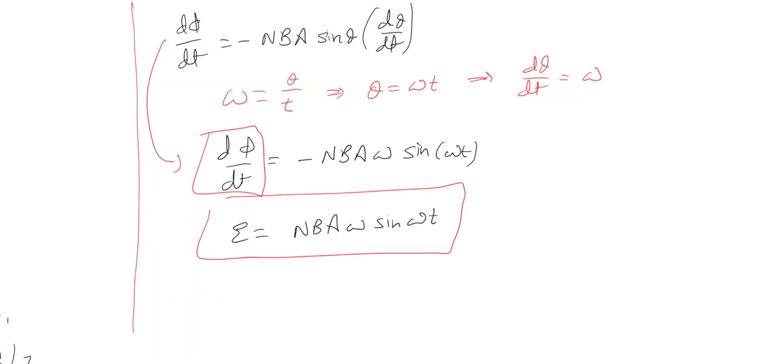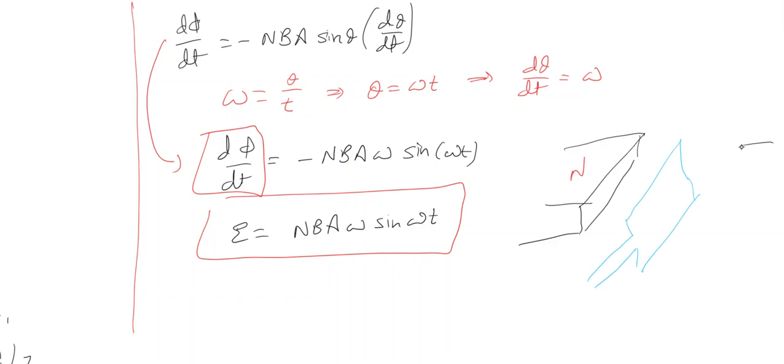So suppose the coil is placed between two magnetic poles, this one the north pole, and then you have the coil placed here like this, then another magnetic pole, say the south pole here.